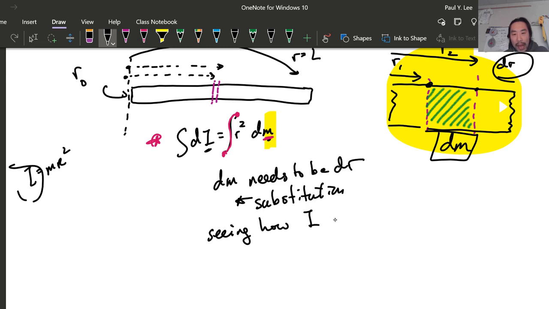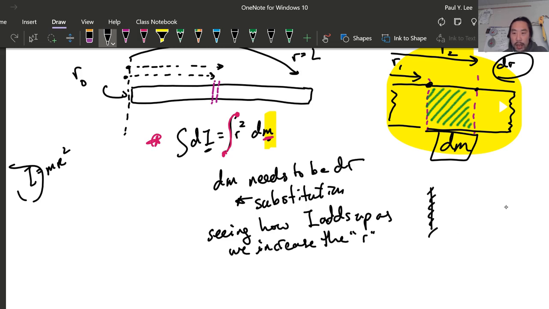Now, for the record, why we need to change dm to dr is because we are seeing how the I adds up as we increase the r. So back to the idea, if this is your axis of rotation and we have a point particle here, this point particle has an I. I'm going to call this I1.